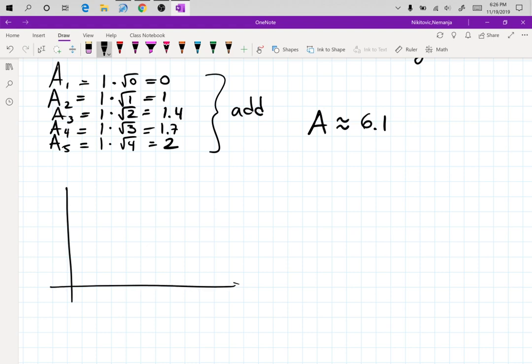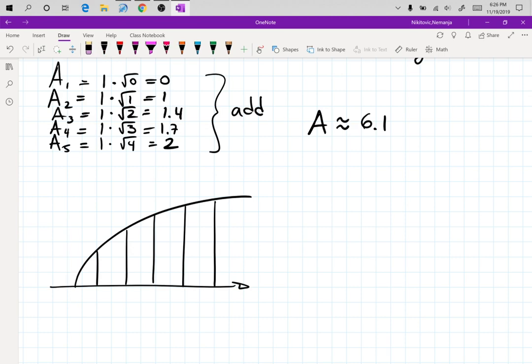So here I have my square root of x, and I'm still going to draw the same 5 rectangles.